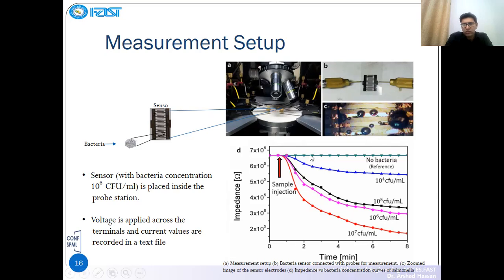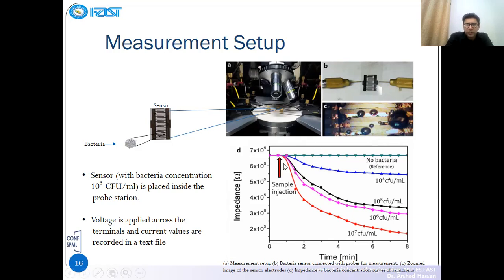First, we record the impedance without bacteria to have a reference, just with the liquid material. So this is with the culture medium, just without bacteria. And then we use different bacteria concentrations, like 10 raised to the power 6, 10 raised to the power 7, 10 raised to the power 5, and 10 raised to the power 4 CFU per milliliter.